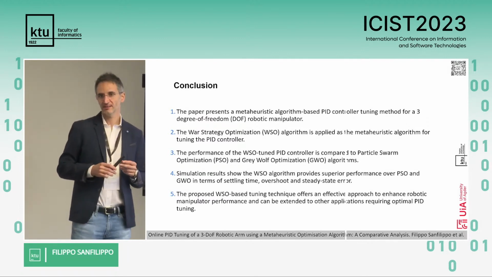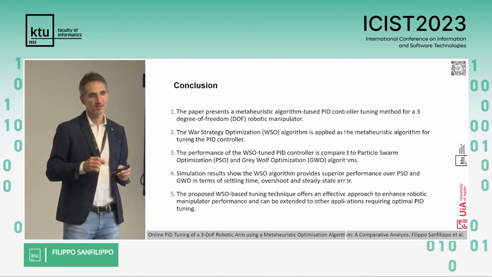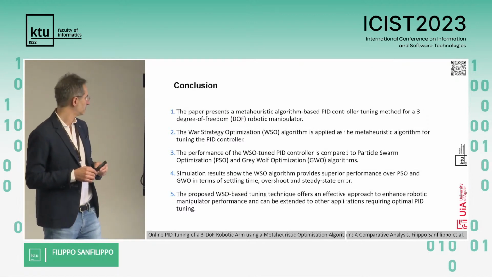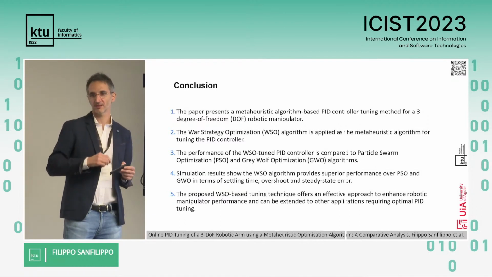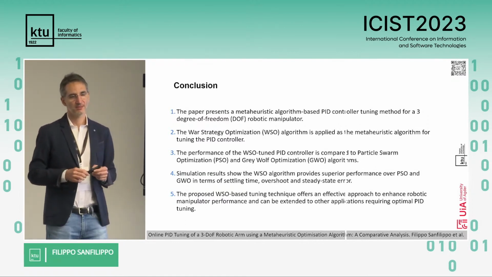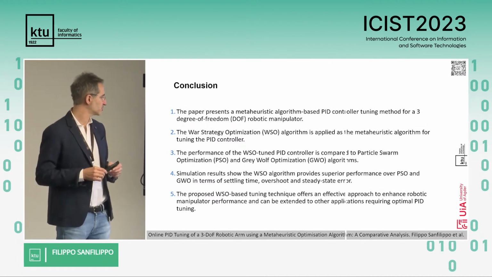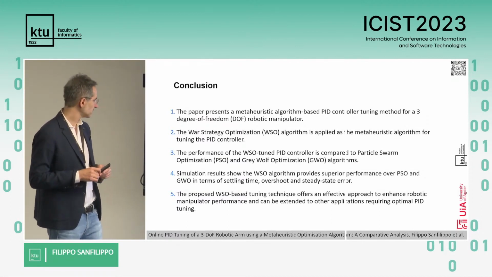We have compared it against 2 standard methods, particle swarm optimization and gray wolf optimization. The simulation results show that the proposed method performs better in terms of error in the Cartesian space and the joint space, and also in terms of response to the step input.